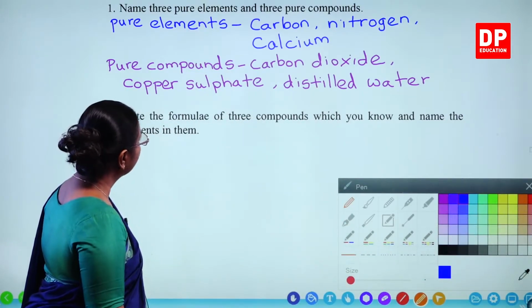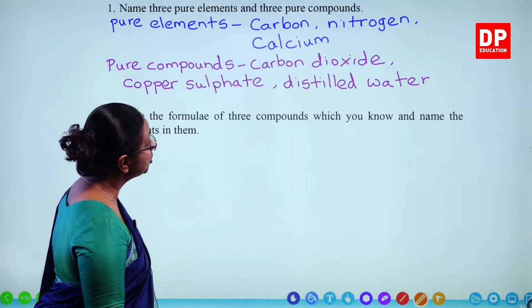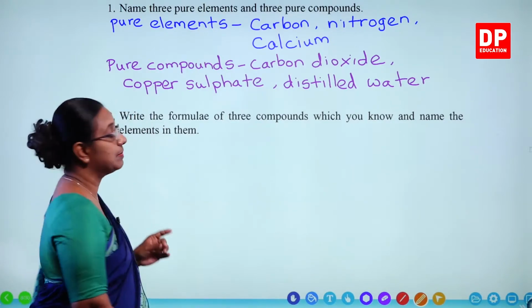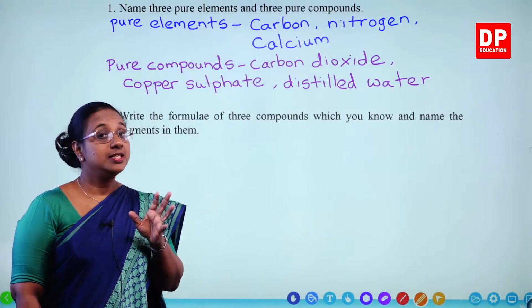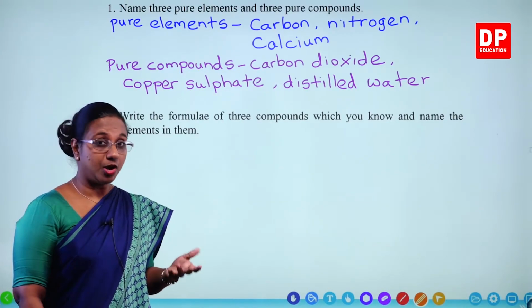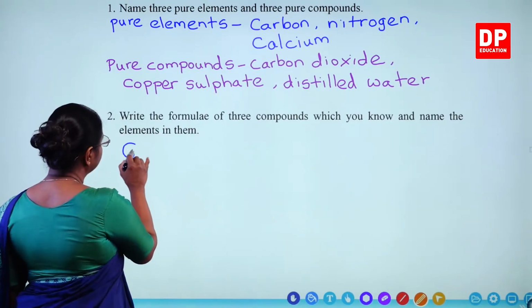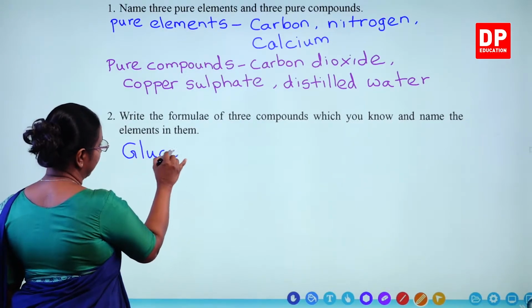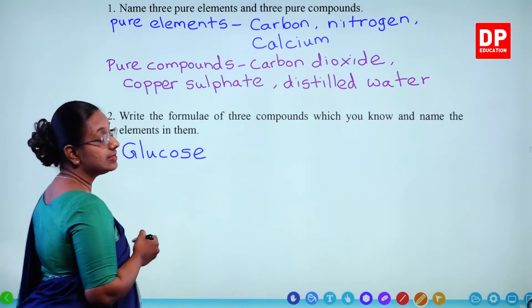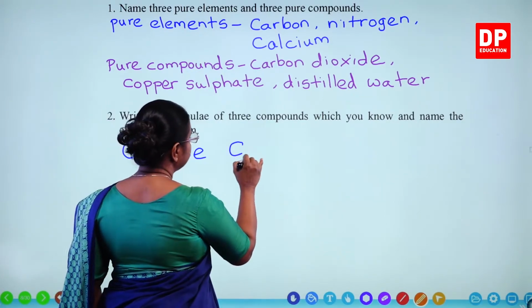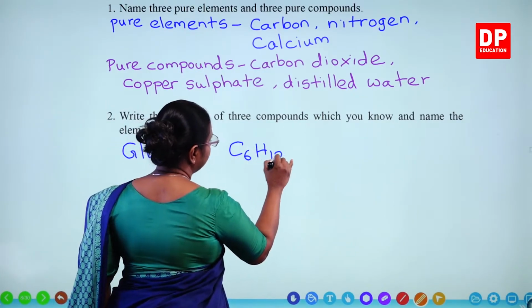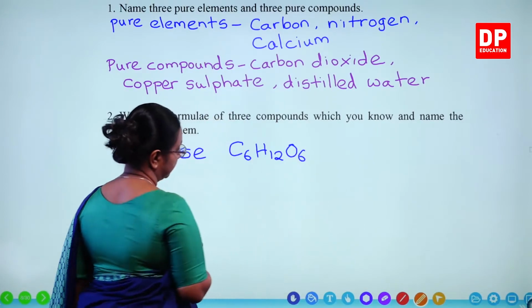Write the formulae of 3 compounds which you know and name the elements in them. So the compounds which you know. Shall we take glucose? That you all know. And we have learned the chemical formulae as well. Glucose. What is the chemical formula of glucose? It is C6H12O6.